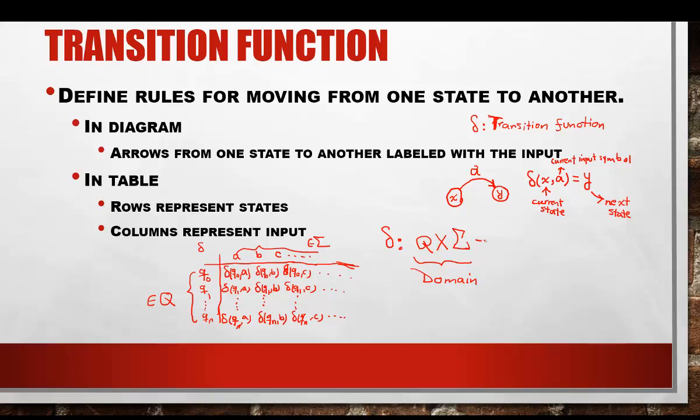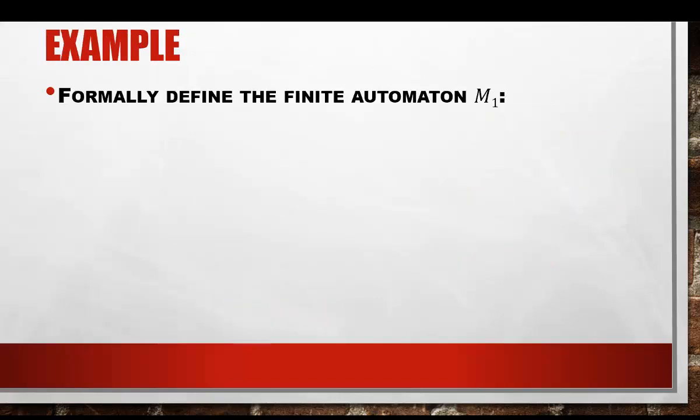The range of this function, namely the output, comes from Q. So the range of your transition function is a state. And as you notice here, these deltas will produce some Q sub something, some Q sub i.